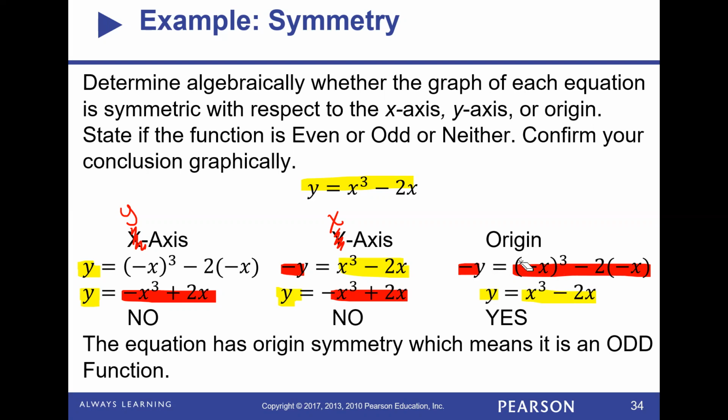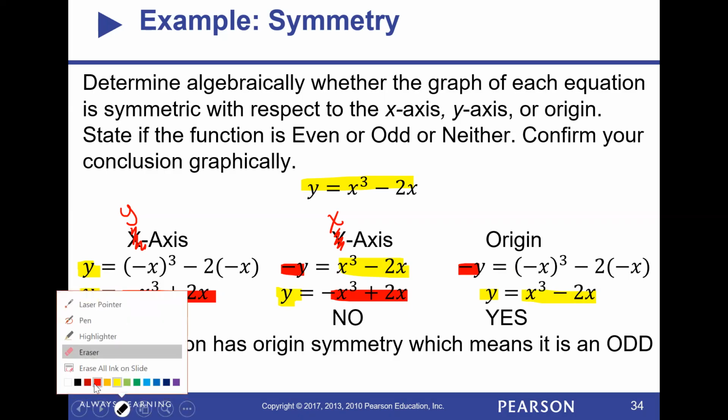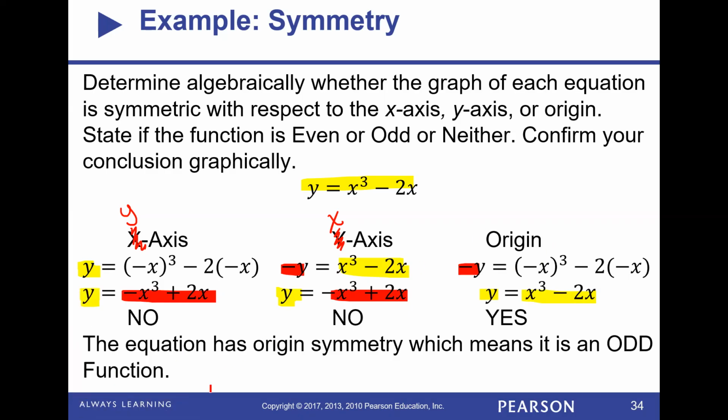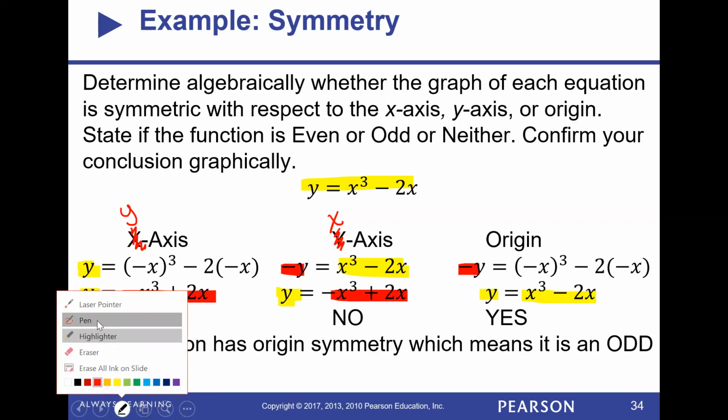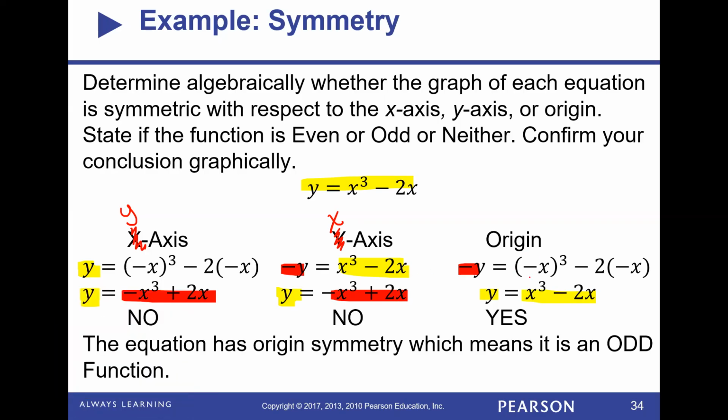And again, the left side didn't match, but on the right side, if I were to simplify it down first, and let me go ahead and switch to a pen, I end up here with basically a -x cubed plus 2x, which is not what the original one is, so left and right doesn't match. Therefore, that's why I divided by -1, and it happened to be just origin symmetry. And because this is origin symmetry, anything that has origin symmetry is what we call an odd function.